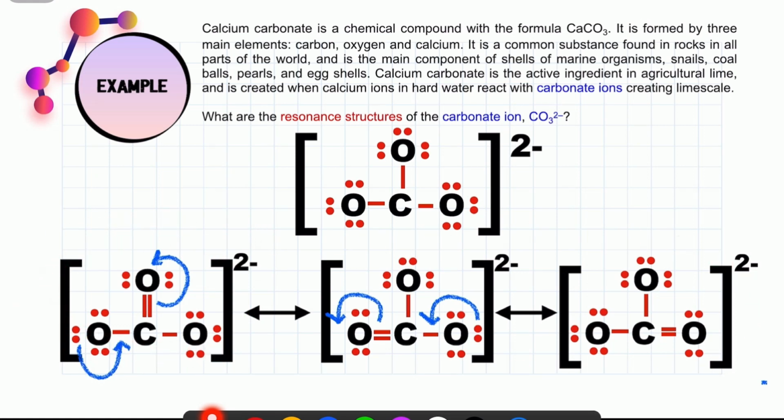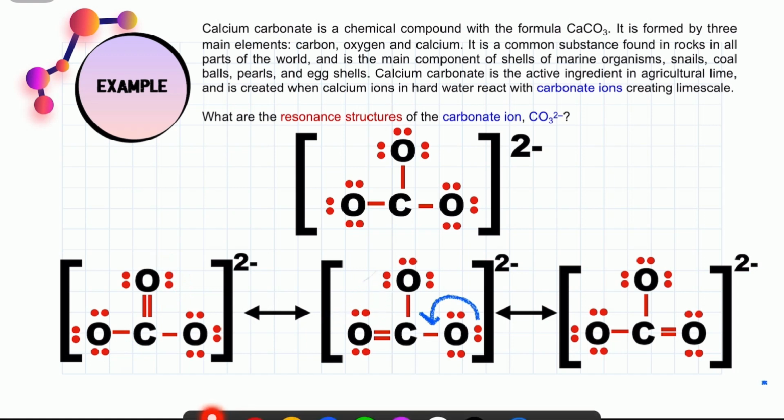I mean that this is a Lewis structure for the carbonate ion, and it exists as a resonance because the lone pairs and bonding pairs can be delocalized and form the other Lewis structures.